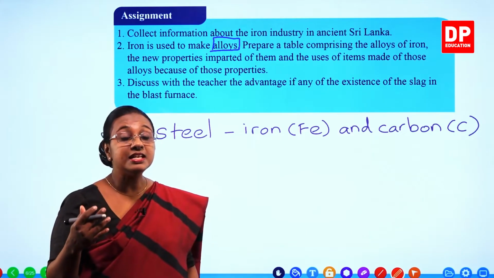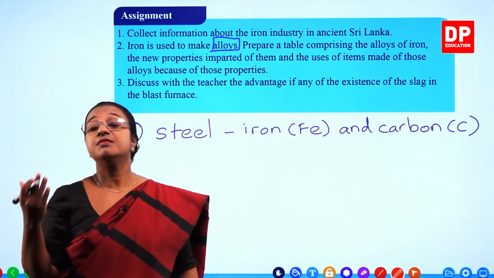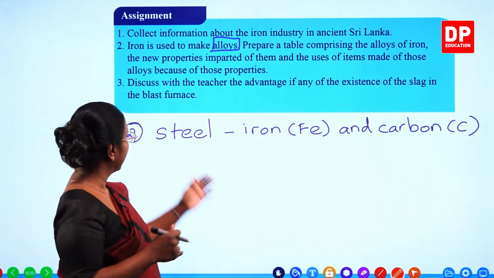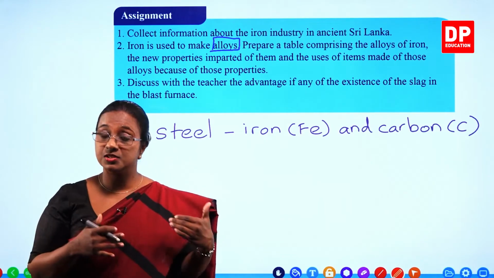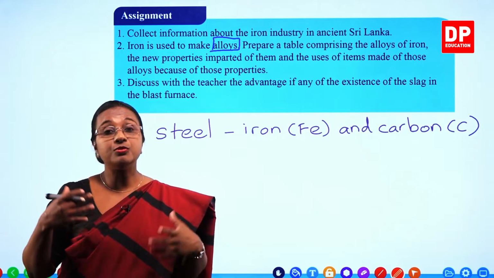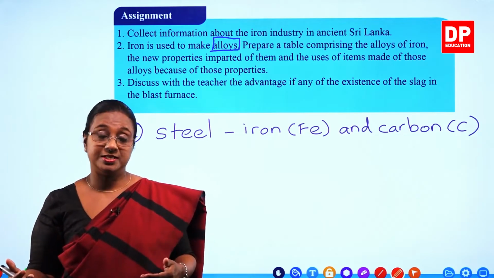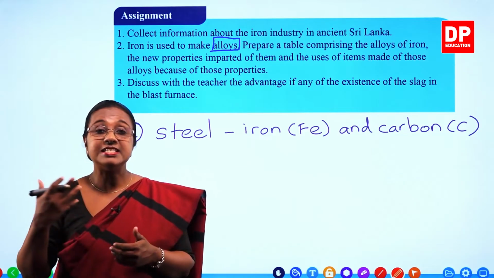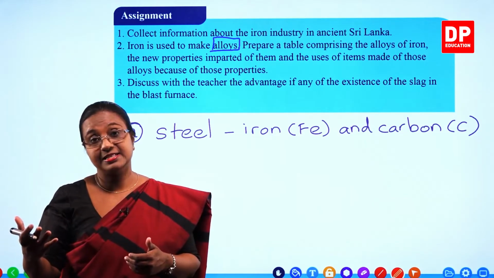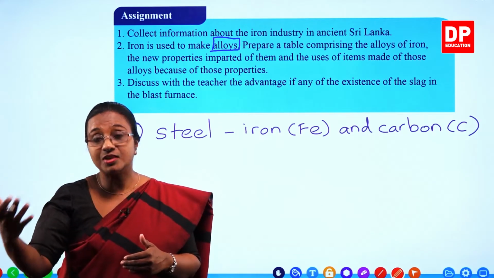Usually, it is less rusting. Normally, iron rusts faster. But compared to that, steel rusts a little slowly, and also steel has the ability to withstand more tension and it can bear more pressure. So, because of that, steel is stronger, we can say, and harder than iron. And it can be used to make many structures.